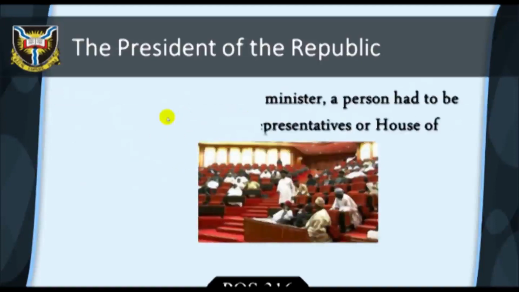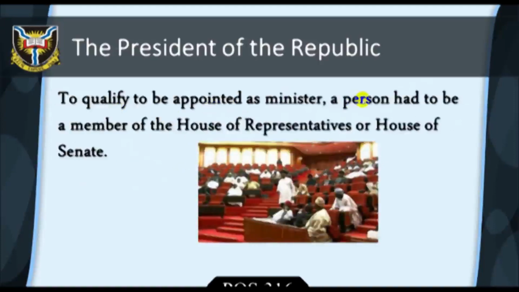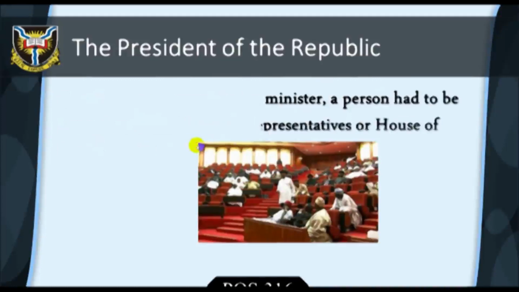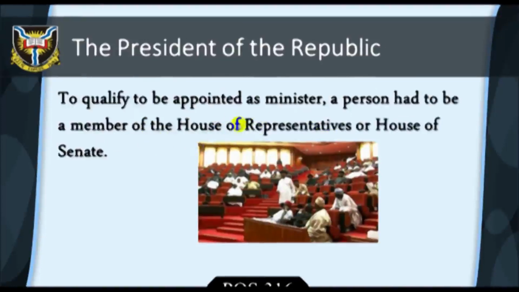To qualify to be appointed as minister, a person had to be a member of the House of Representatives or the Senate. This implies that the person must have satisfied all the conditions that members of these two houses were required to meet. The Council of Ministers was a unified body whose members were collectively responsible for acts of the Council or its individual members to the Parliament.